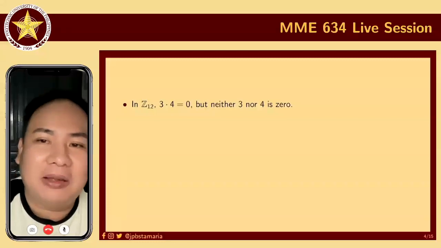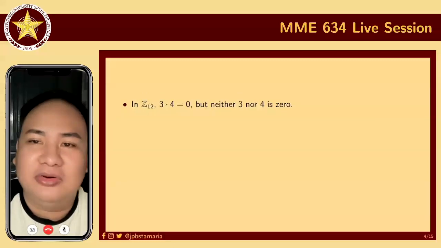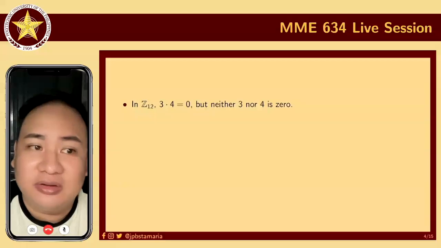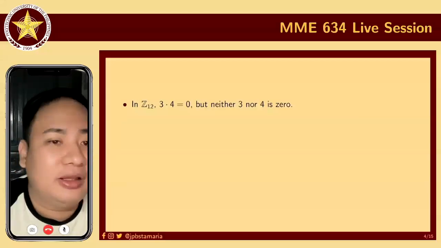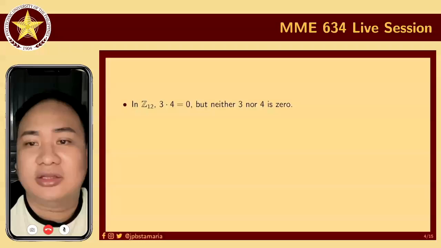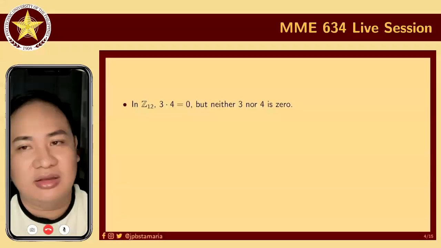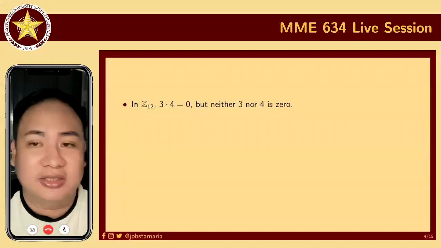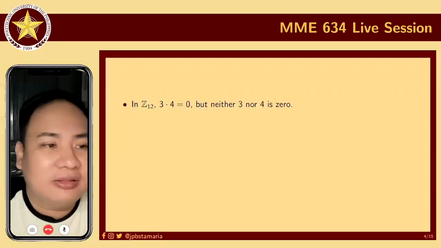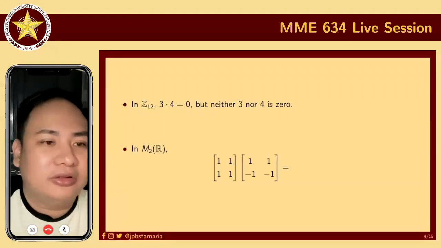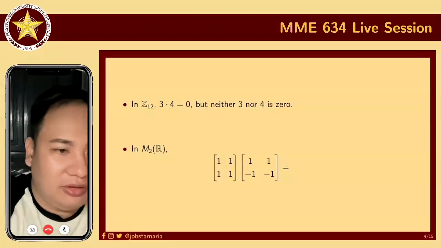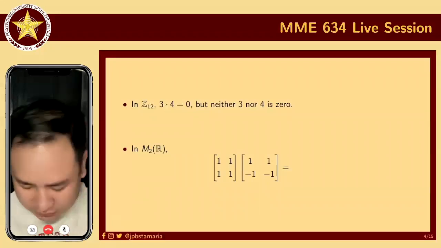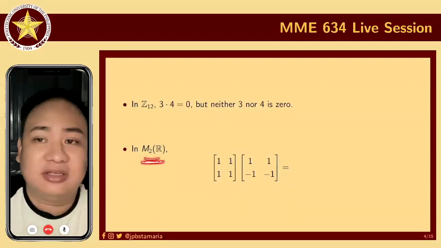So, ibig sabihin pala kapag ang polynomial ko ay over Z sub 12, when I say that, sabihin yung coefficients mo nasa Z sub 12, hindi mo pwedeng gamitin yung technique na ginagamit natin doon sa algebra problem na yon. Naintindihan nyo? So, Z sub 12 does not admit the zero product property.